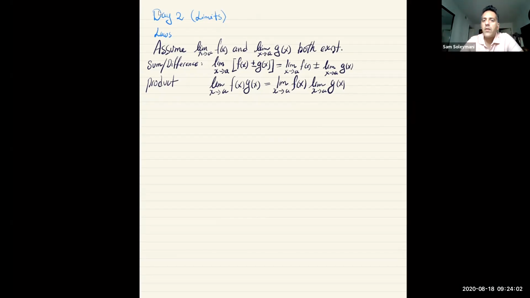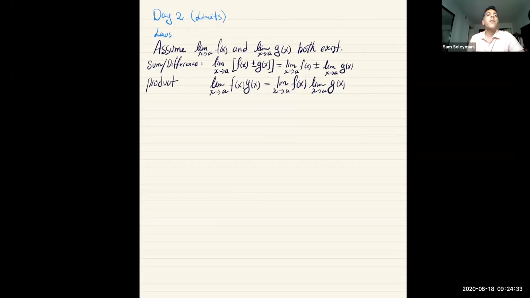No, you can't do that. If the limit of f is 0, the limit of g is infinity, the limit might still exist. You have to be careful. You won't be able to execute this law right away. And this is something that you guys will focus a lot on in Math 8. All right? So please be careful with stuff like this.